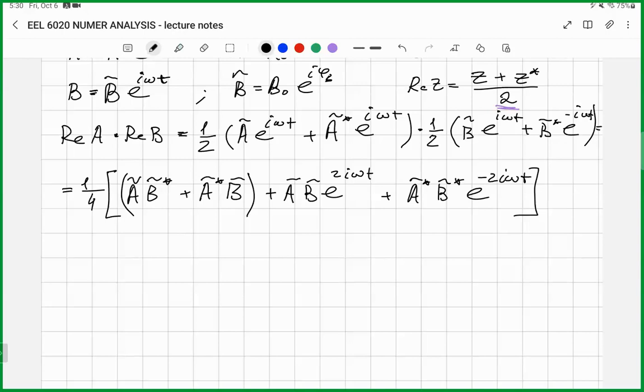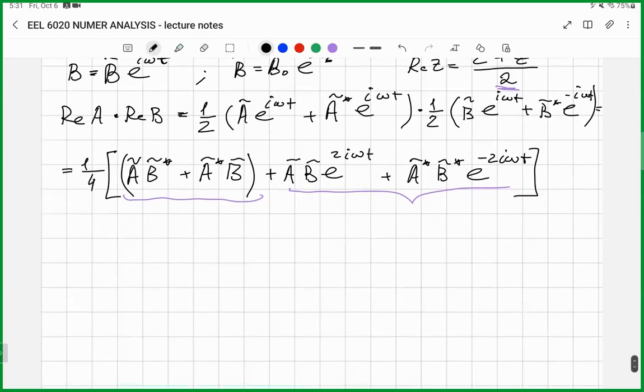Okay, so 2 parts. Here we have no dependence on time, and the second part does depend on time, but at twice larger frequency. Usually, especially when the frequency is large, but in any case, if you average some quantity over time, you expect to get a quantity that doesn't depend on time, right?